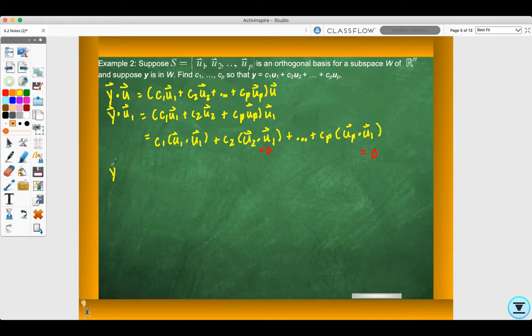So y dot u1 would equal c1 times u1 dot u1.